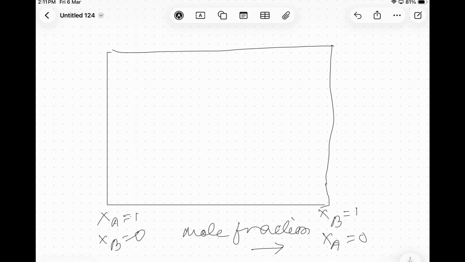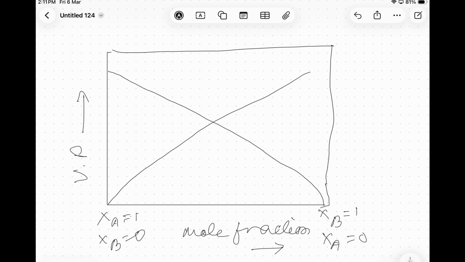Here vapor pressure graph. So what happens? As XA decreases, vapor pressure decreases, and XB, it should be like this. It should be for A, this should be the graph. For B, this should be the graph.